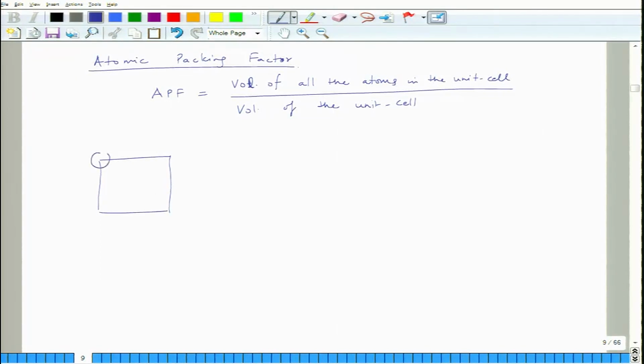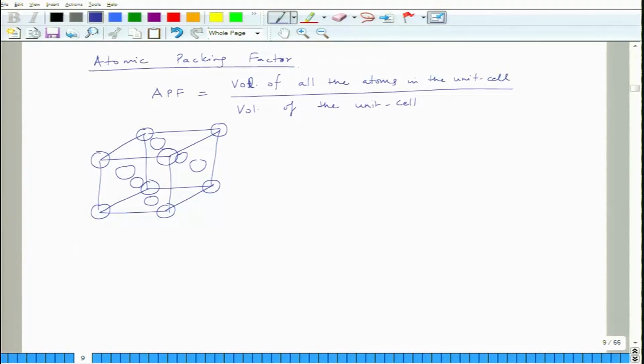In case of FCC, you have a situation like this. I will not draw the atoms touching each other, but they do touch each other, for the sake of illustration. So this is the scenario you have.